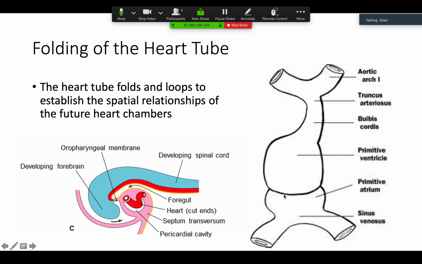Now, if you look at it, you're like, what? This is upside down. Well, it sort of is. So it's important that there are the foldings and loops because, first off, we've got two atria, but why is it down here? These foldings get us to the right location.